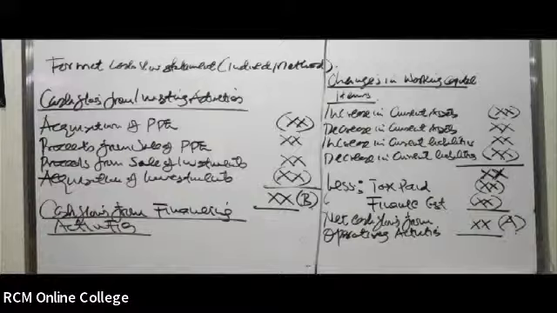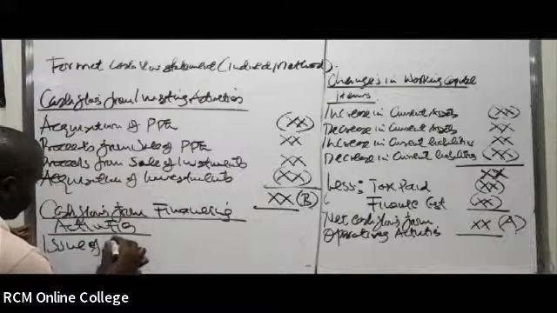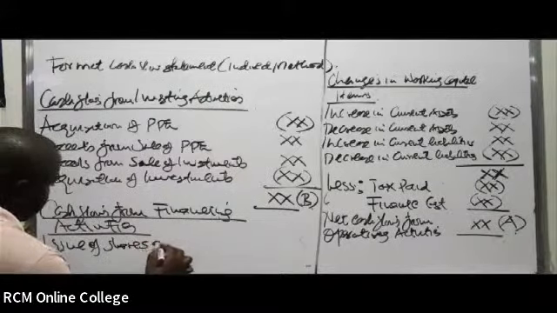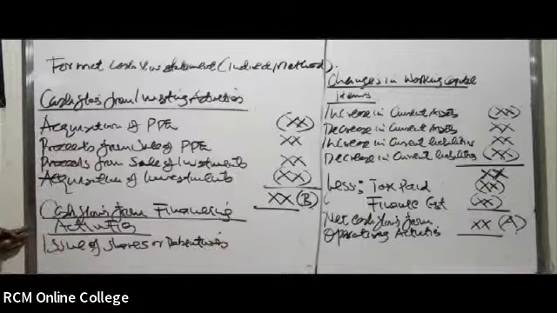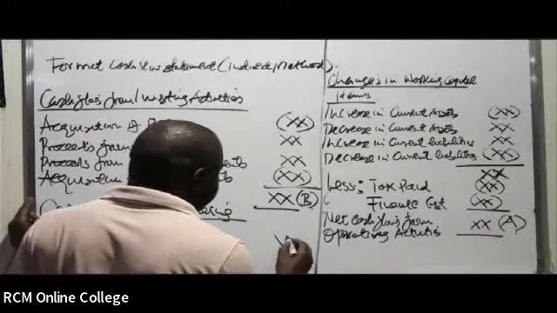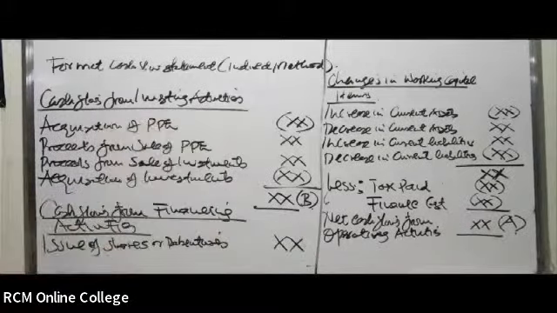You write issue of shares or debentures. That is an inflow. When you sell shares, you get money. So these are positive, you add.